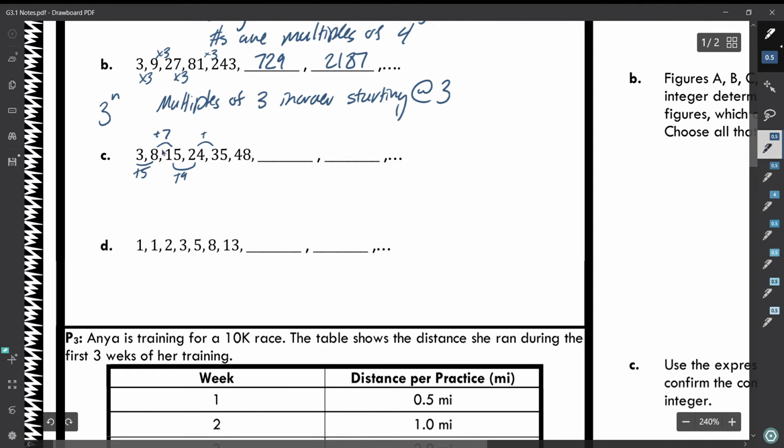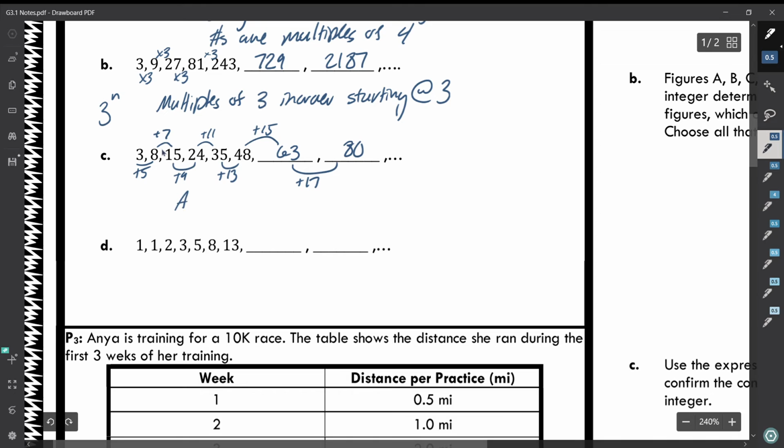Okay, 11, plus 13. Okay, so I would add 15 to 48. That gives me 63. Then we add plus 17 to this one, and we get 80.